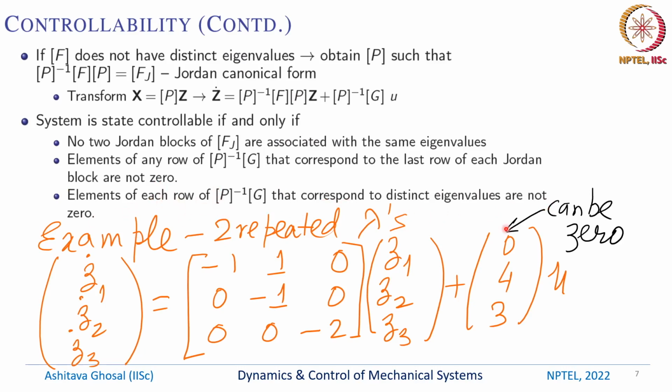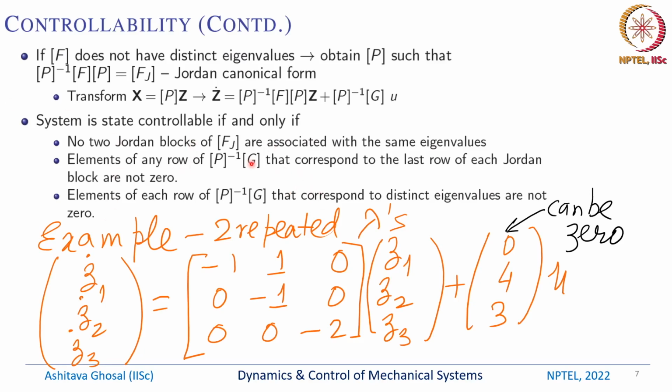This last condition, corresponding to distinct eigenvalues being non-zero, is the same as what we discussed earlier. So if any of the elements of P inverse G corresponding to distinct eigenvalues is 0, then that state variable is not affected by u.